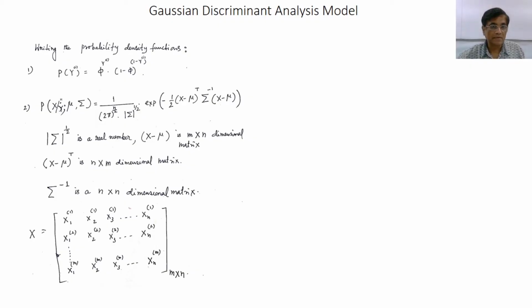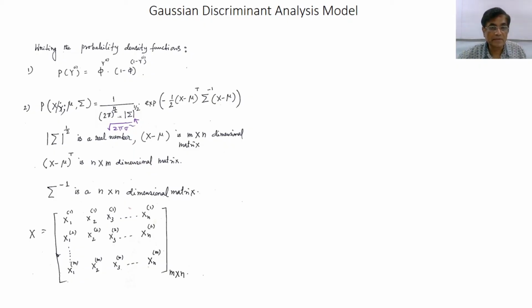You are habituated with the one-dimensional single variable normal distribution. This is how it looks. The multivariate Gaussian distribution is similar. Here, in place of 2 pi, sigma square, this is what you will get. This is the variance.